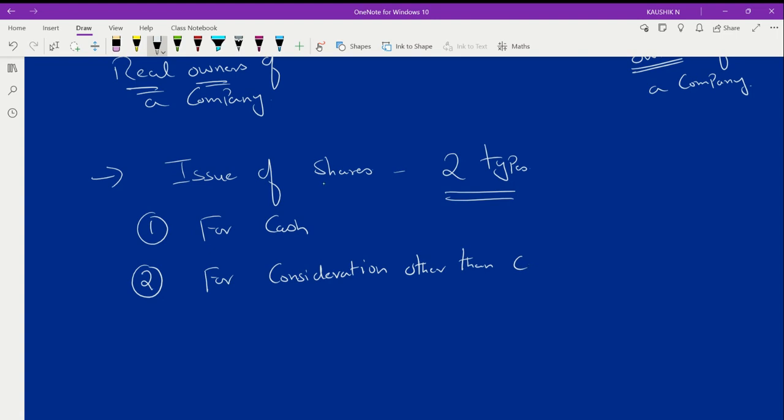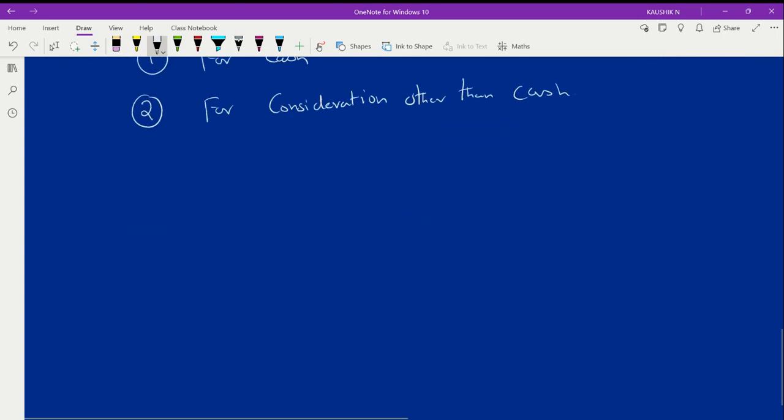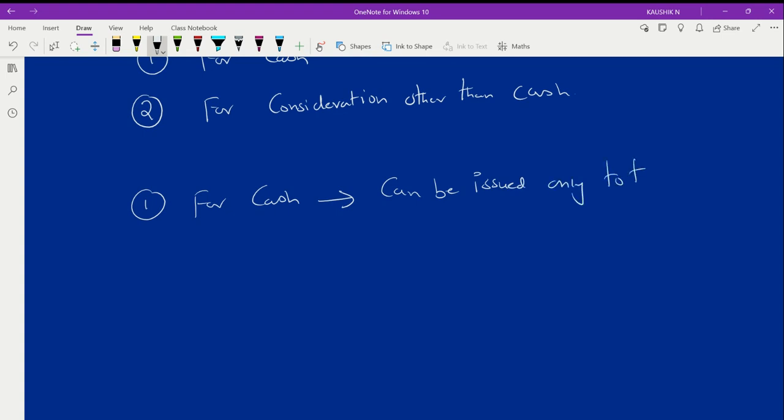Okay, now let's understand what is for cash and for consideration other than cash. First one, for cash. To whom can you issue this? It can be issued only to the local public. That is very important.